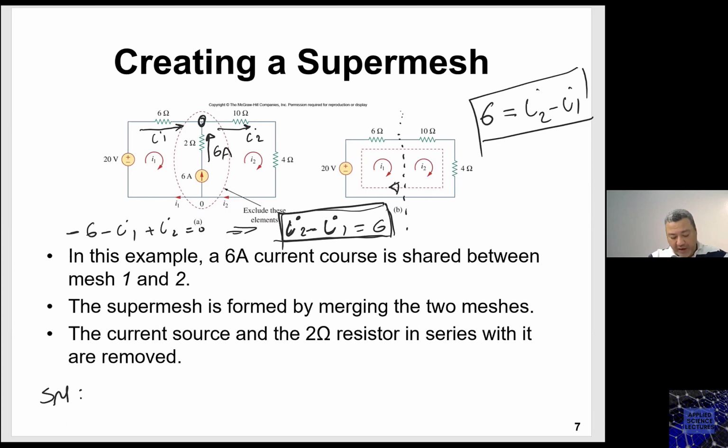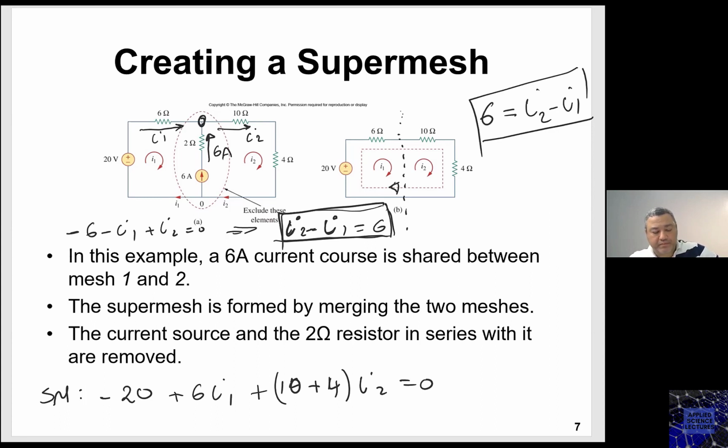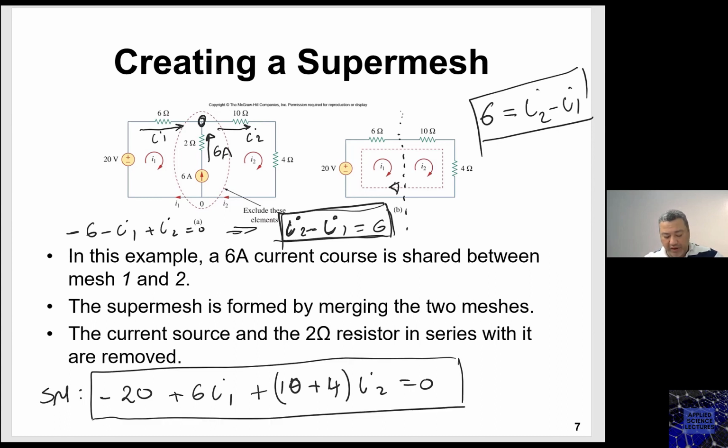So minus 20 plus 6I1 plus 14I2 equals 0. So this is the super mesh equation. Notice that I still have two variables, I1 and I2.